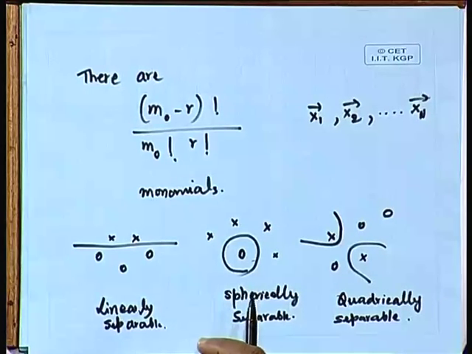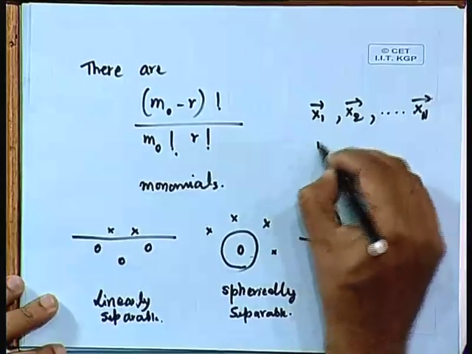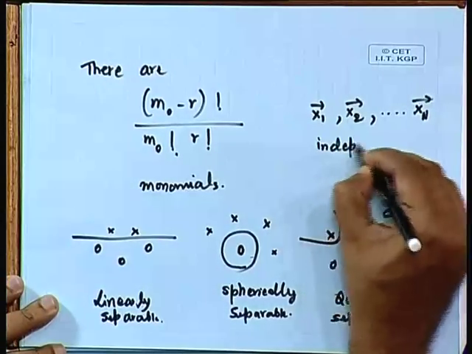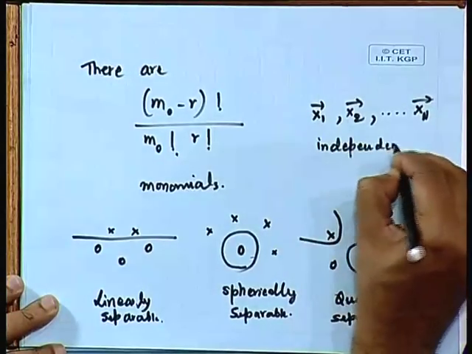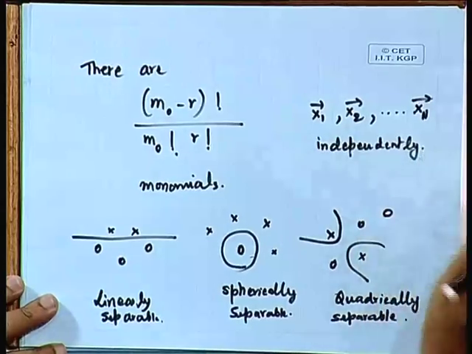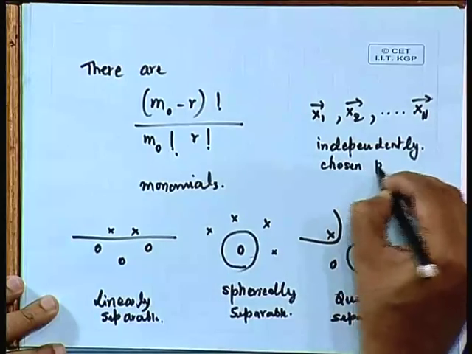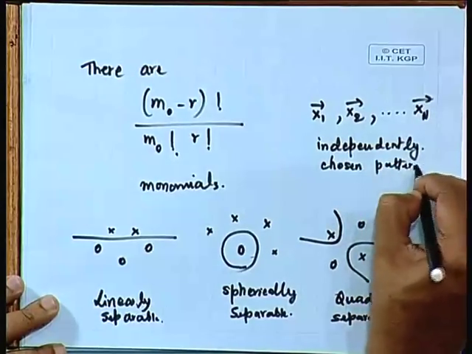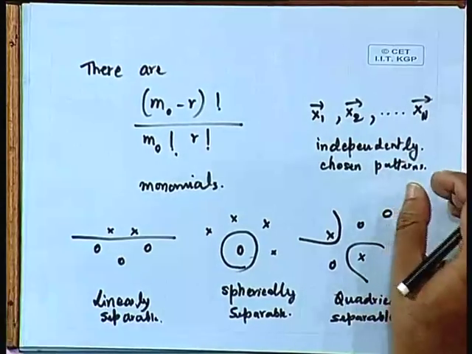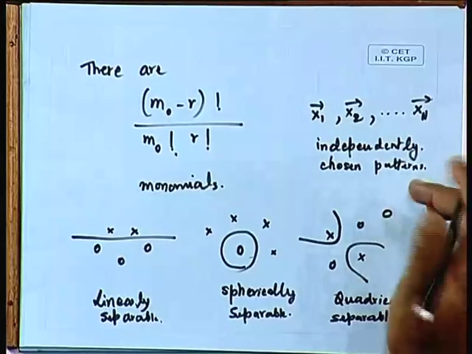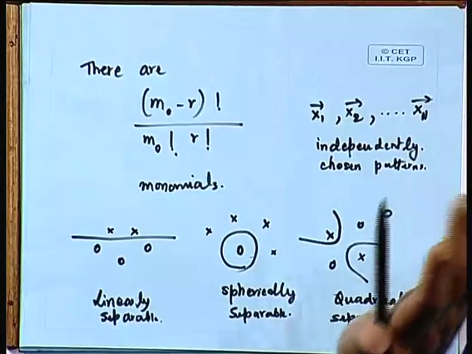Supposing that these patterns are chosen independently, we want that x1, x2 up to xn are independently chosen patterns. And also we assume that all possible dichotomies of these patterns are equiprobable.